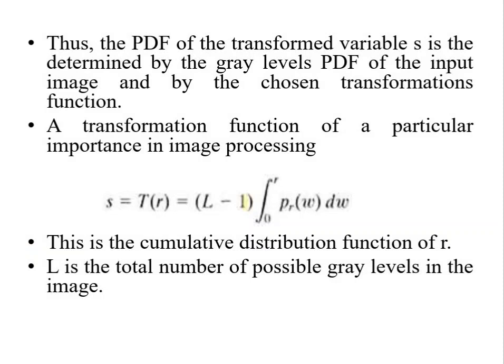When the upper limit in this equation is R equal to L minus 1, the integral evaluates to 1. The area under the probability density function curve is always 1, and so the maximum value of S is L minus 1. Here L is the total number of possible gray levels in the image.